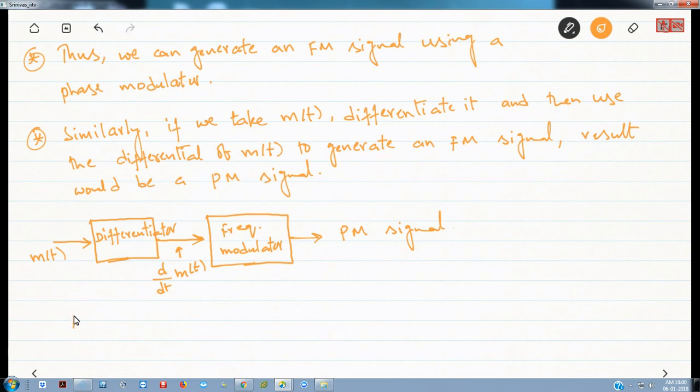So how do we justify this? AC cos(2 pi fc t plus 2 pi kf integral 0 to t m of t dt) is the FM modulator equation.